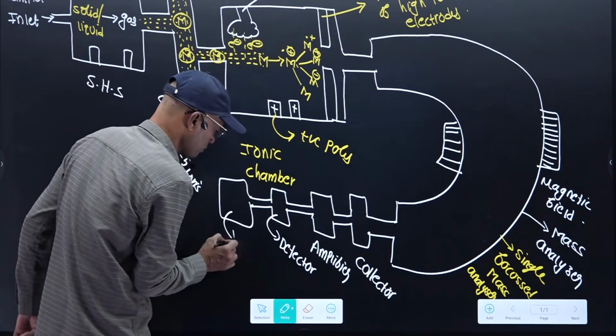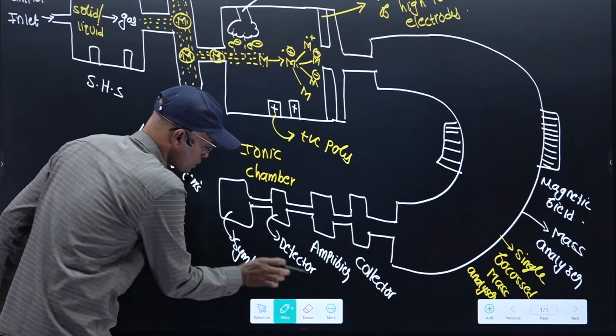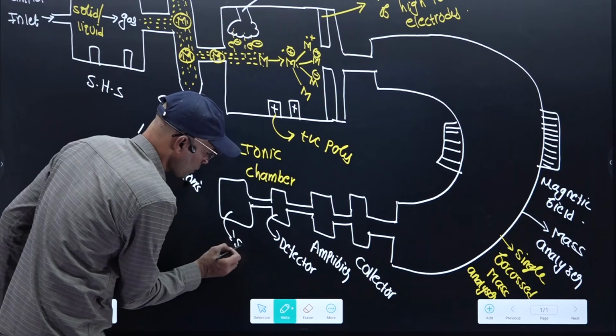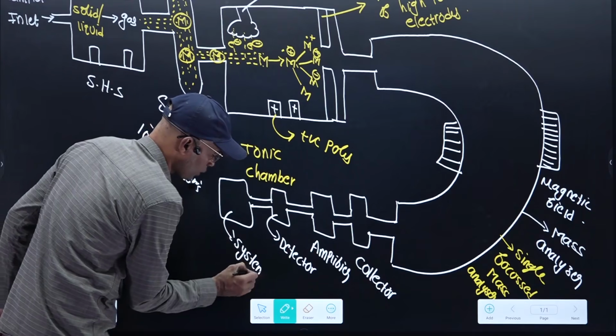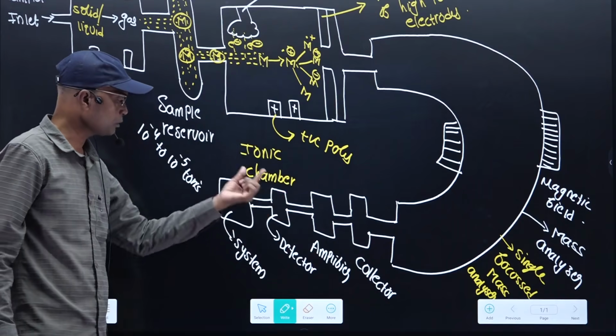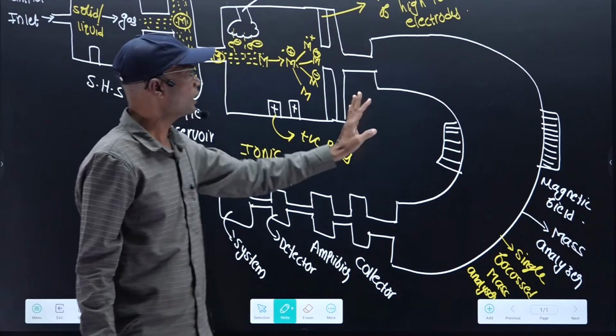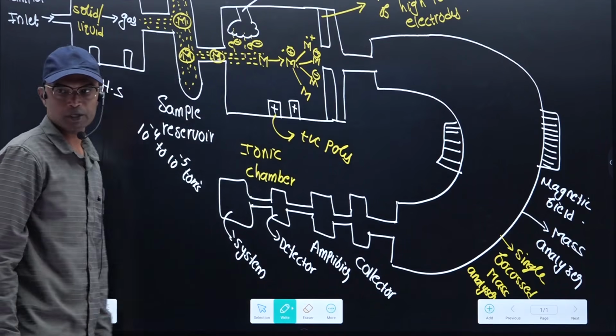Once it is connected to the system, the electric signals are converted to an intensity signal in the form of m/z values. So this is the complete mass spectrometry instrumentation.